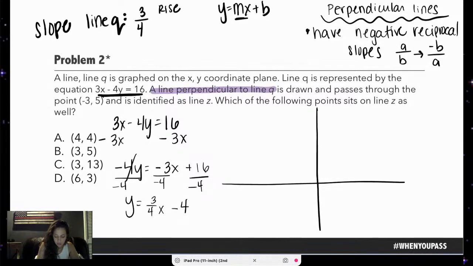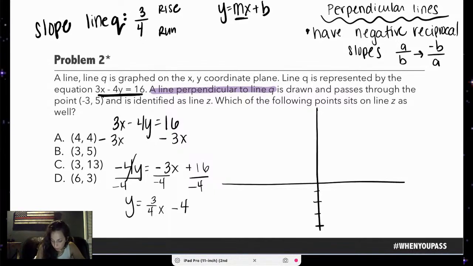Rise over run. So if I were to graph that, which I don't have to, I'm going to graph it just for visuals, but I really don't have to graph it. I'm going to plot my y-intercept. And again, I'm going way beyond how I would actually solve this because I like to give little snippets. So this part I would not do in this problem.